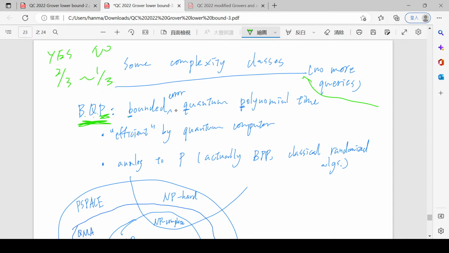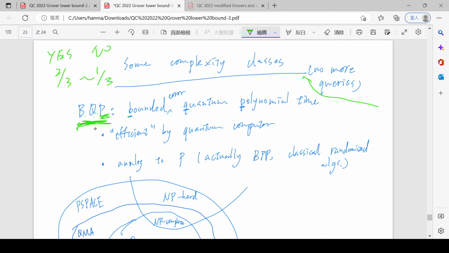So there is a constant gap. A digression: if you allow arbitrarily small gap, like 1/2 plus epsilon and 1/2 minus epsilon with exponentially small epsilon, then your algorithm can be much easier. Anyway, that's a digression. We are in a more sensible model where we have a constant gap between our yes instances and no instances.